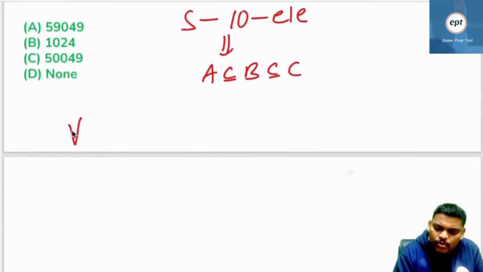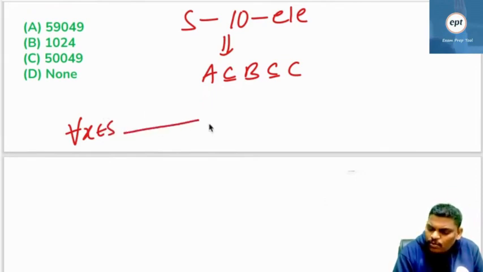For all x belongs to S, one of the possibilities should happen.